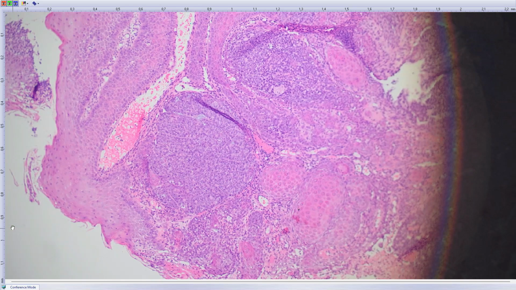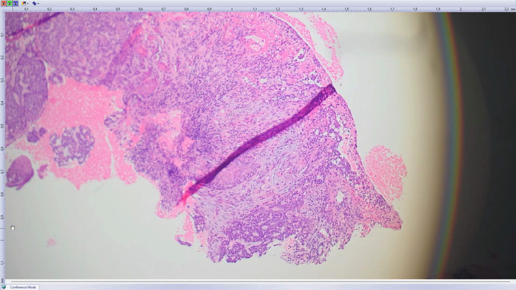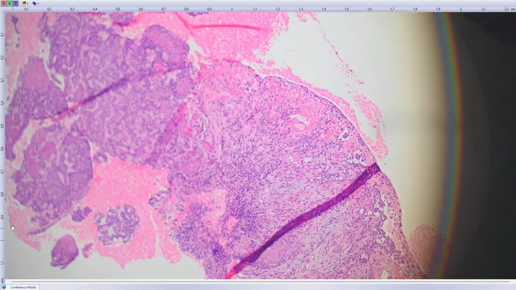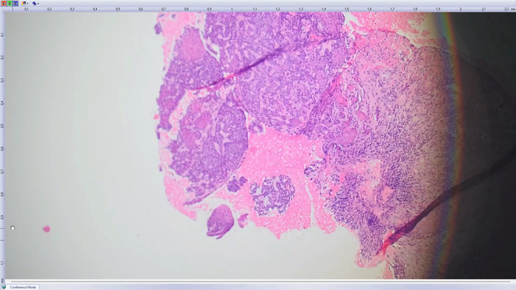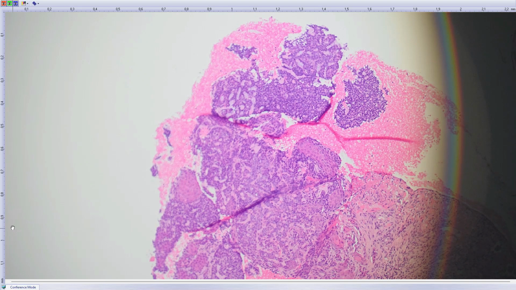And then there is this infiltration composed of basaloid cells. It's seen even better in these fragments. There is an ulceration here, and these basaloid structures. I'll show you a little high magnification.